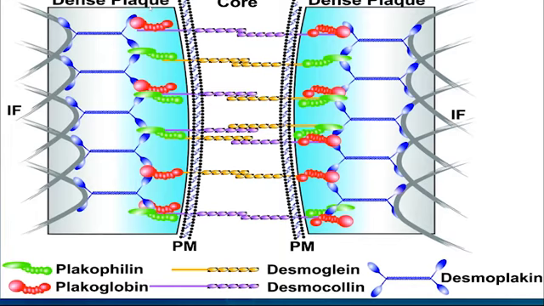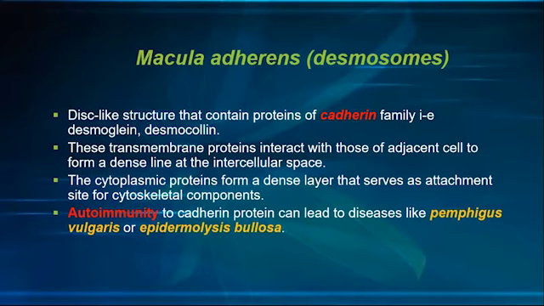So this is how a dense plaque like structure is going to appear, and this is the molecular configuration of the macular adherens.